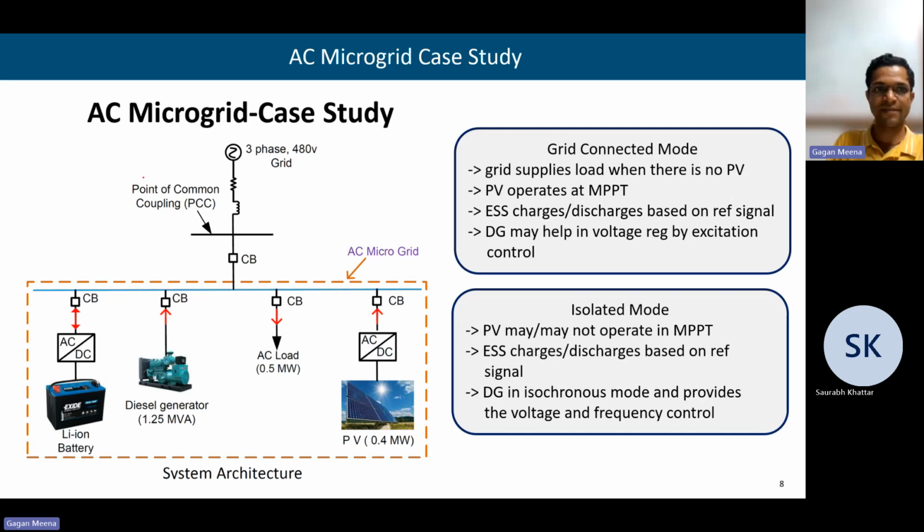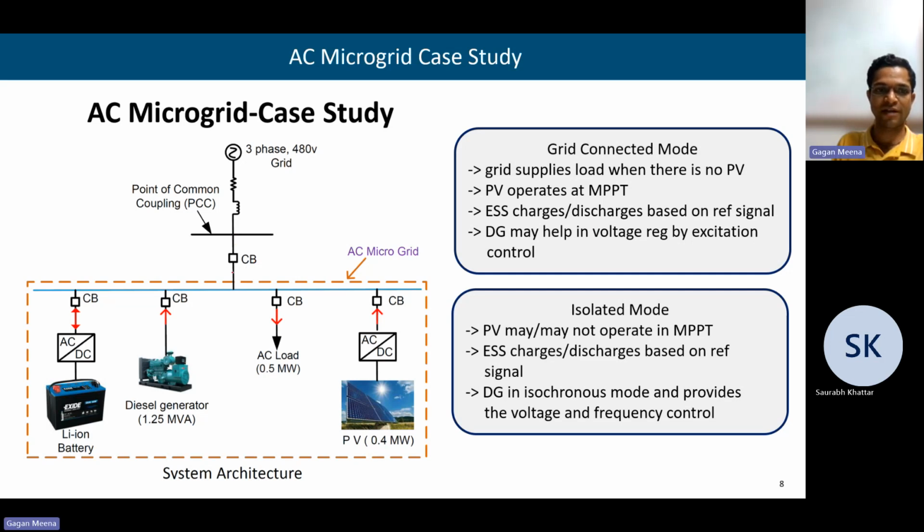This was the case study which was used for simulation of an AC microgrid. It's a very small AC microgrid connected to the main grid at 480 volts. And this is the point of common coupling.